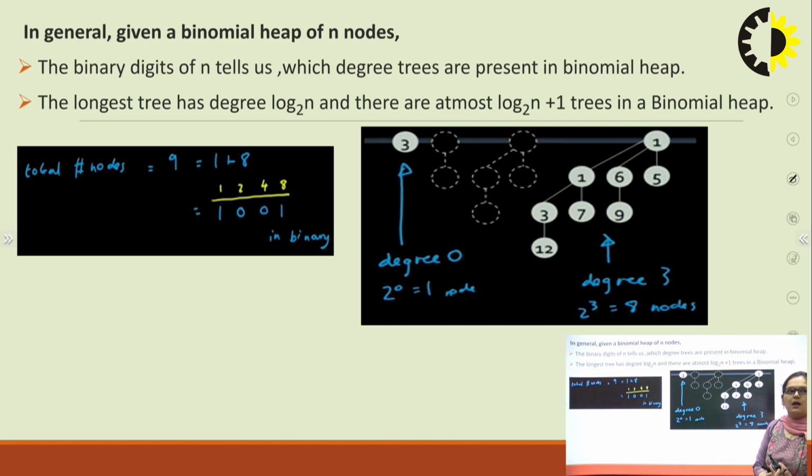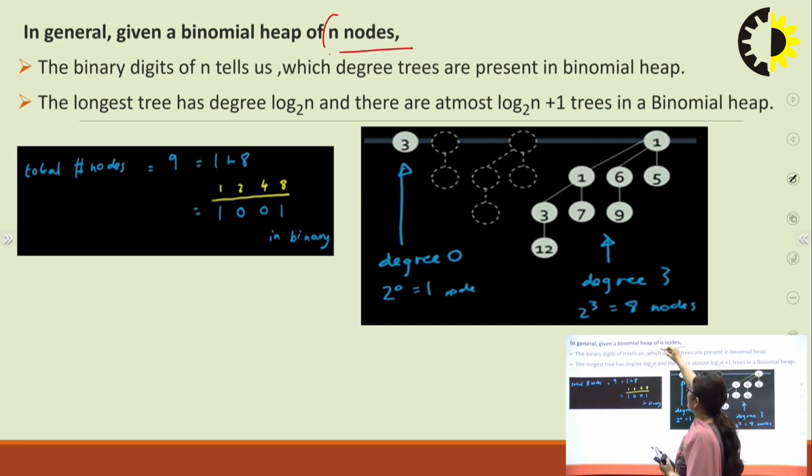Next, suppose we are given a binomial heap which has n nodes. Then by using the value of n, we can find out how many trees, and of which order, will be present in our heap. Basically, the binary digits of the number of nodes n tell us which degree trees will be present in our heap.